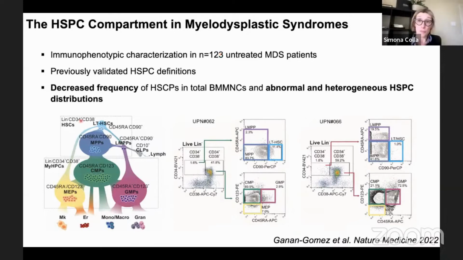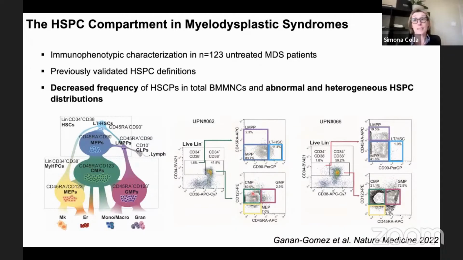Using previously defined stem and progenitor populations that are shown here, we found that MDS could be divided into different subtypes. One of them was characterized, inside the progenitor compartment, by an increase of the common myeloid progenitor cells.